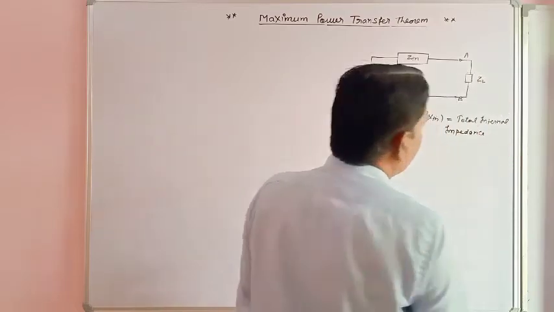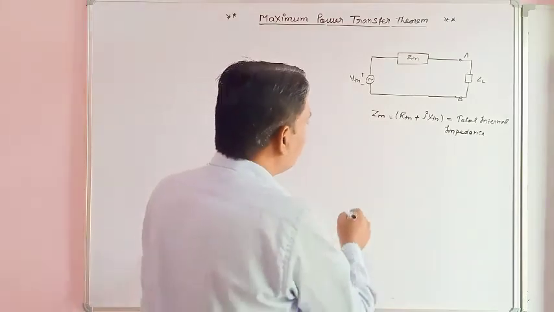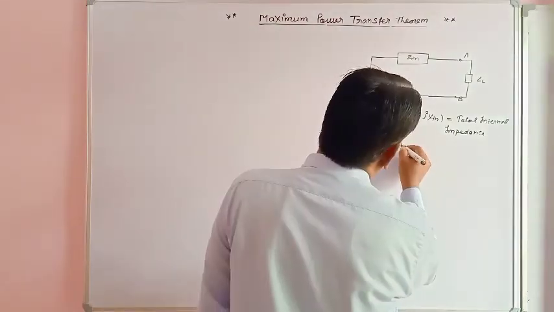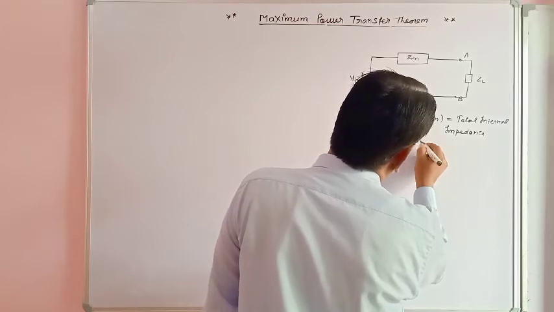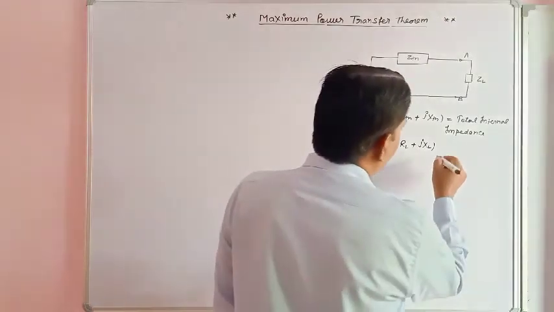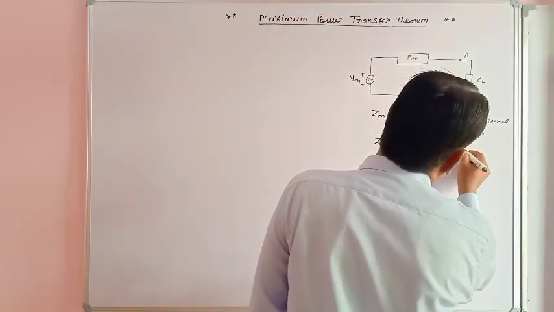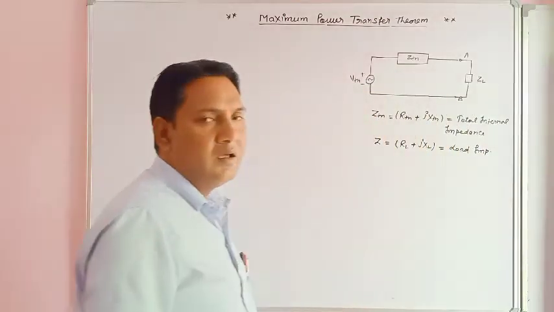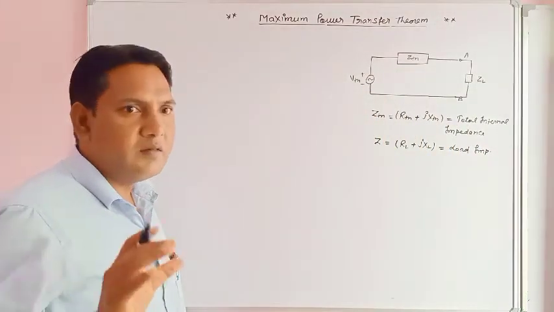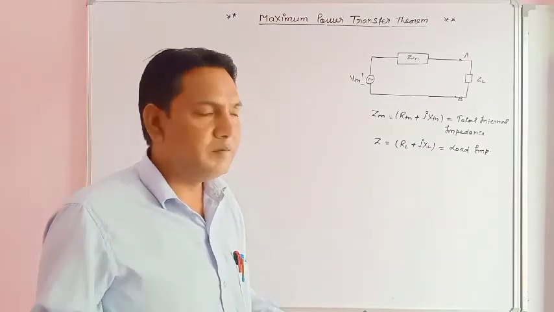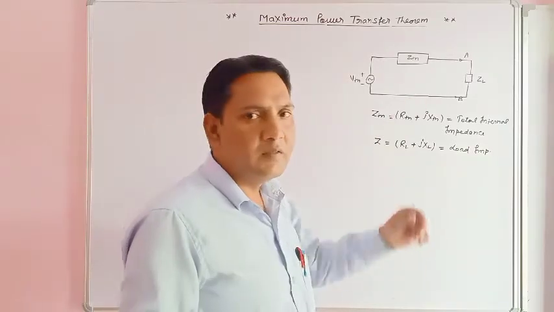ZL is also a complex quantity having real part RL plus imaginary part XL, and this is called the load impedance. It is the impedance through which we have to calculate the current response. It may be connected anywhere in the circuit.